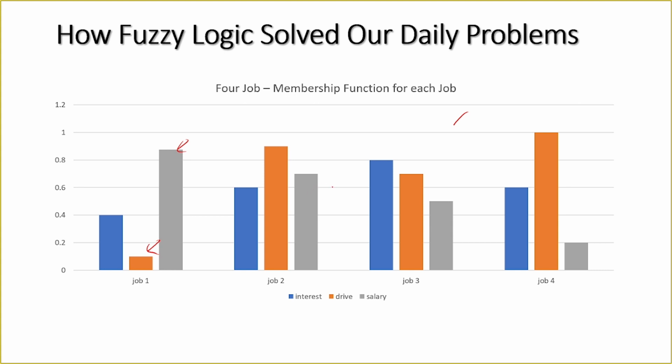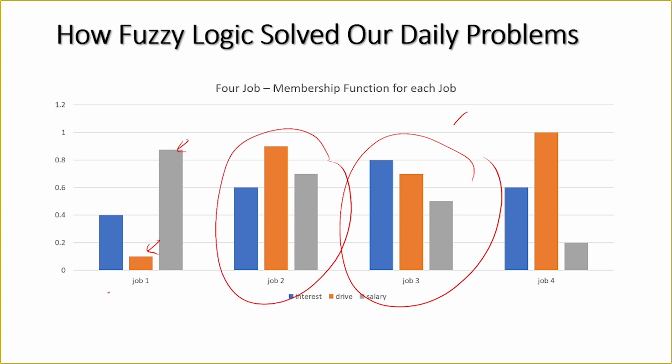So from this perspective, we can see each of the jobs 1, 2, and 3. It depends on the job, because what is this? Drive. Drive meaning short distance, so this one could be better. This one is long distance driving.